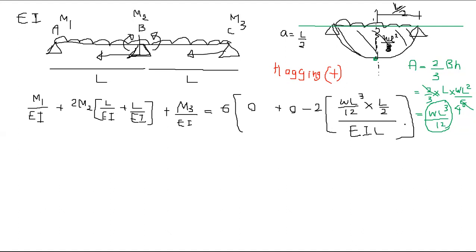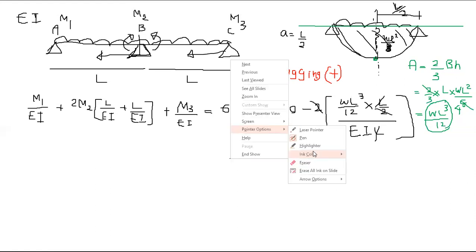From the answers, you can cancel these two together, and L also, and you can cancel EI from the whole equation.